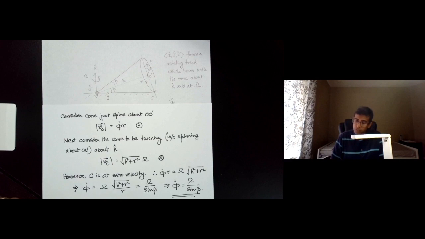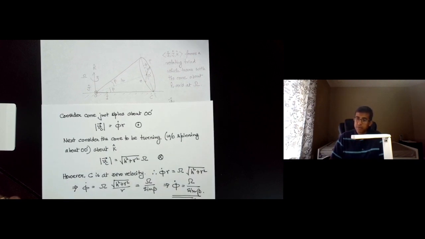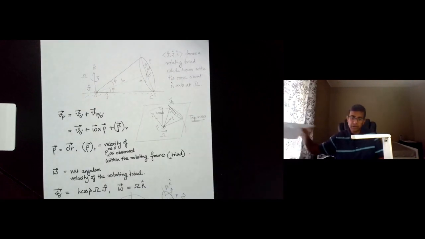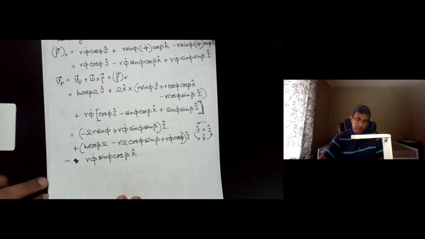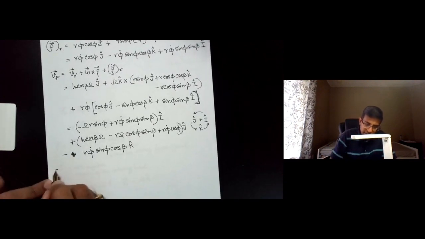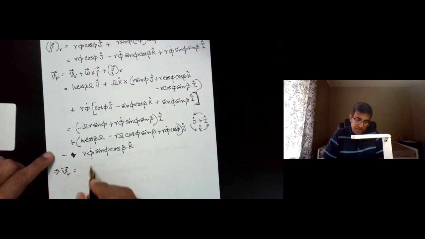Okay, so with this as our result, phi dot equals omega divided by sine beta, we now will go back to our velocity expression and substitute this.